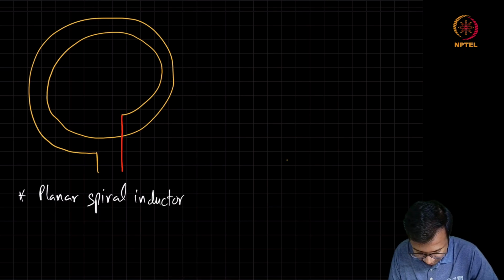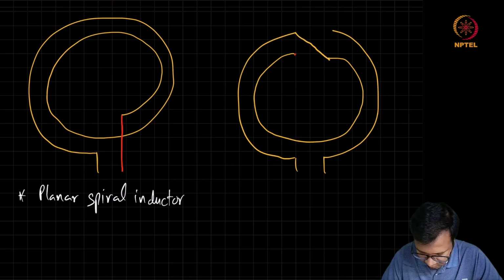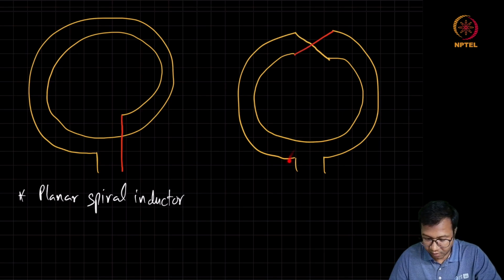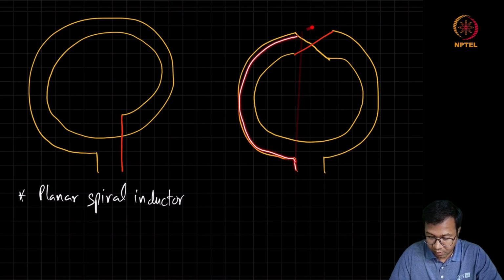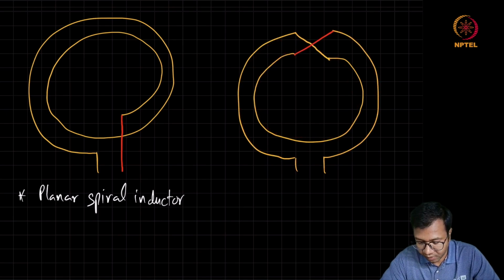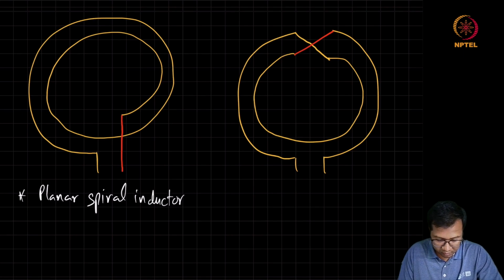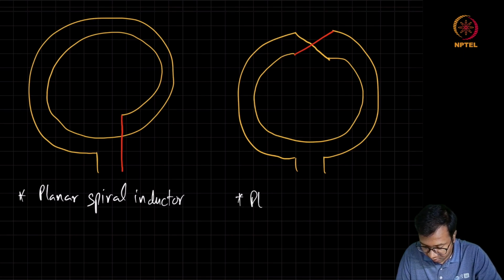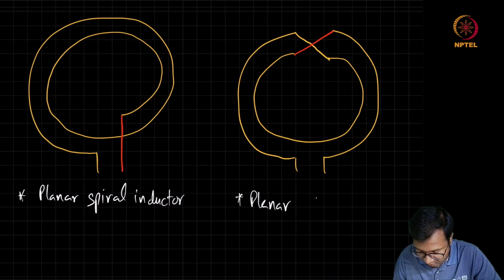Another structure we can have is where you have circular loops on the same plane, but in a very symmetrical manner. As a result of this structure, at one place there will be crossing. So you ensure that this crossing happens such that one of the metal is at a different layer. This is called a planar symmetrical multi-turn inductor.